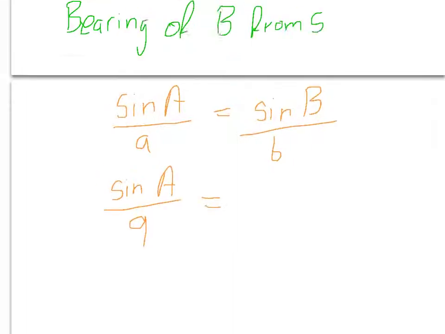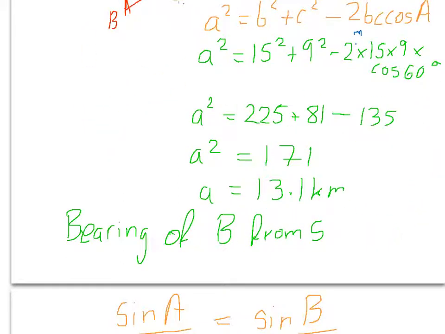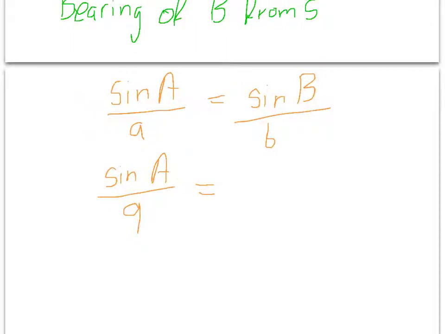And for B, we're looking at this and this. Now we've just found out what this b is. It was 13.1. So we can now put in those values. So sine of 60 over 13.1. Now ideally you want to be using your exact answer you got from your calculator in the first part of the question. So use the answer button on your calculator to help with this.